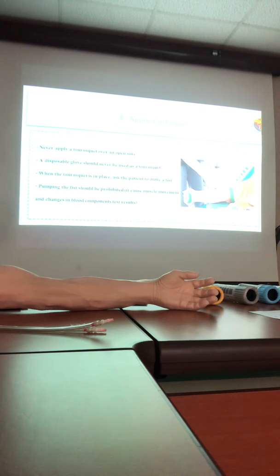When the tourniquet is in place, ask the patient to make a fist. We are using disposable gloves. Never use them, because the one clip, the 1 inch like that, is not applicable for pediatrics. You can ask for the small rubber from the store.